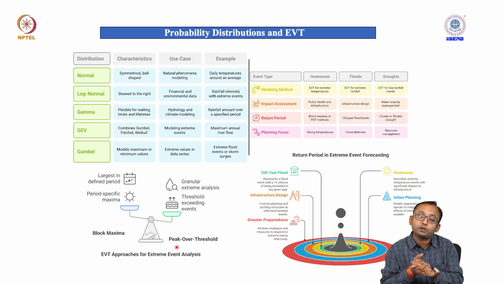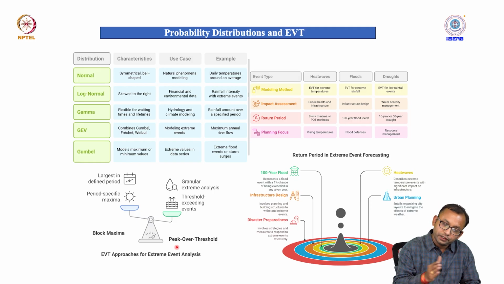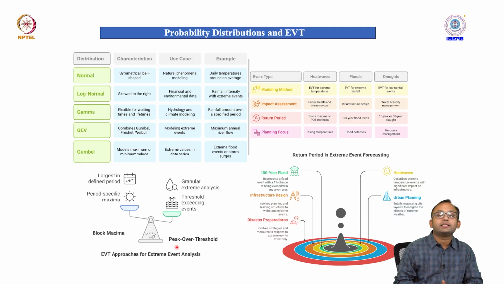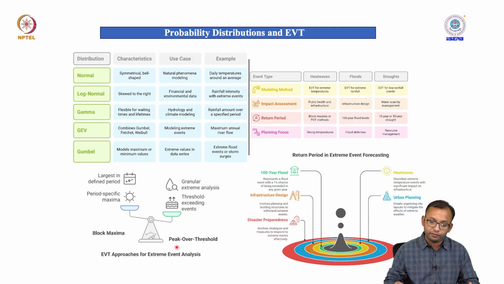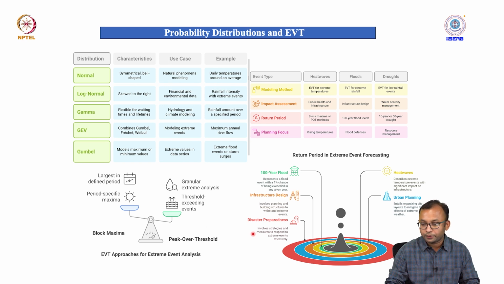When these events occur together within a 1 or 2 day lag period, there is a higher chance that they are dependent on each other. So, when we are applying the peak over threshold, we have to take care of these kinds of situations as well.